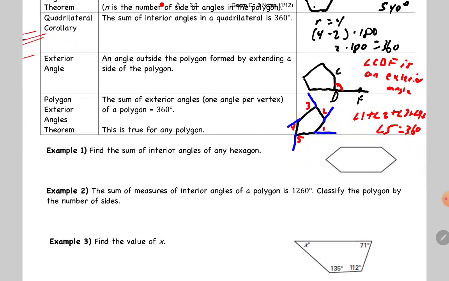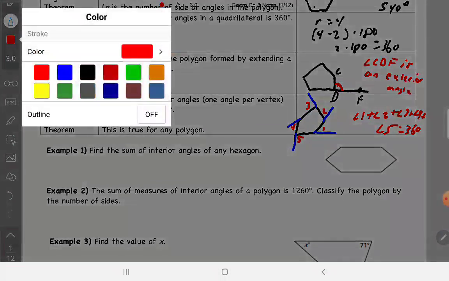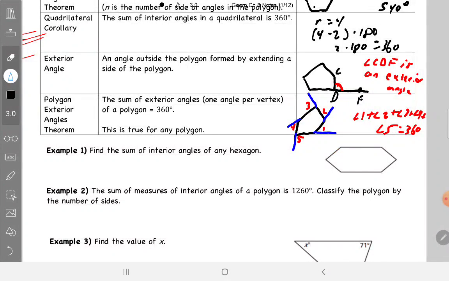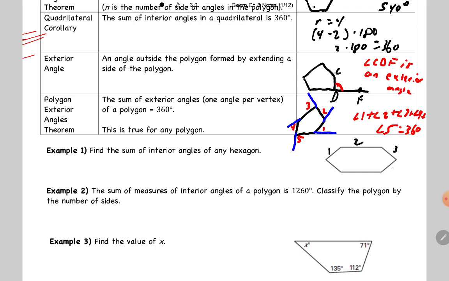Alright, let's do some more examples. Find the sum of interior angles of any hexagon. The hexagon has 1, 2, 3, 4, 5, 6 sides. So n equals 6.